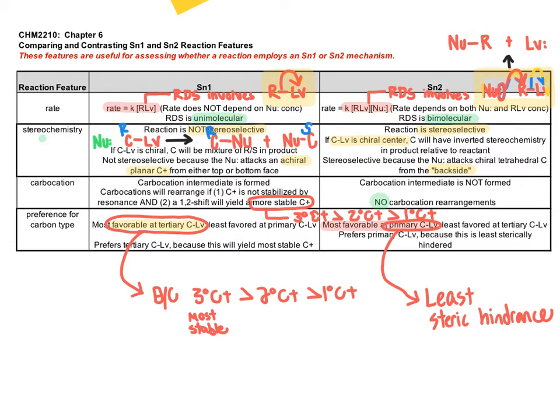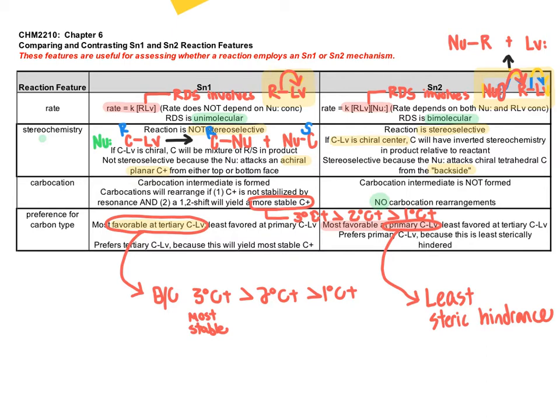And the other reason why we should be thinking of Sn2 for a primary carbon that's bonded to the leaving group is because that primary carbon is going to be a terrible candidate for an Sn1 reaction because it cannot form a stable carbocation. So with these features in mind, let's do an example problem or two where you are asked to provide the mechanism for a particular reaction and predict the products of the reaction based on some information or clues related to the reaction.